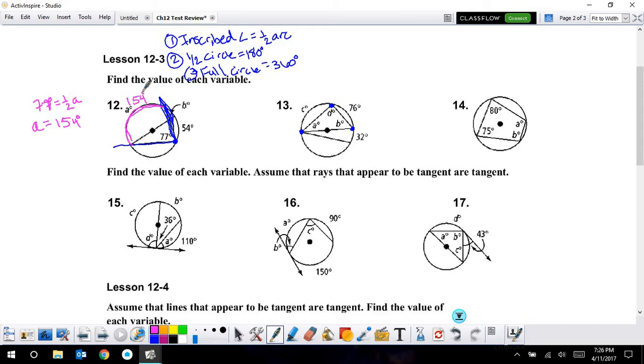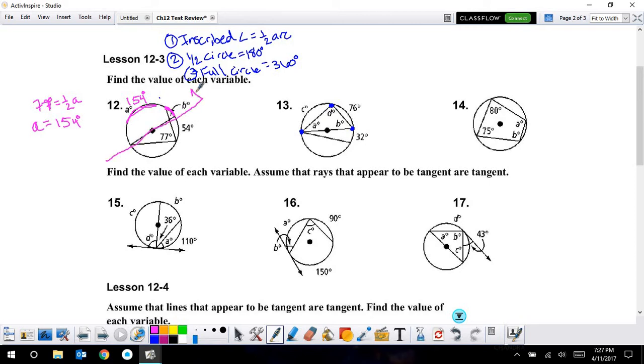Now to find B, the arrow was a little bit off, so it might have been hard to see. I was trying to point it at this little arc piece here. So for that angle B, we know half a circle is 180 degrees.